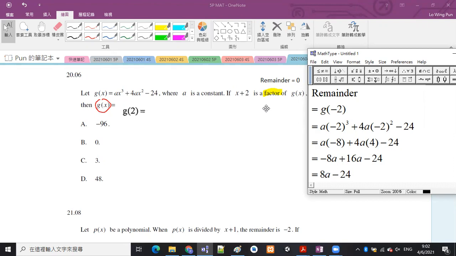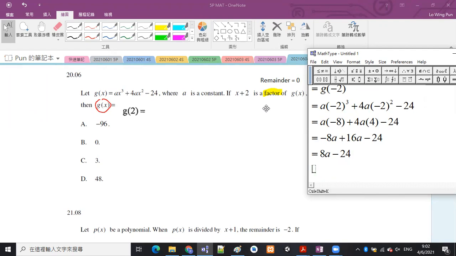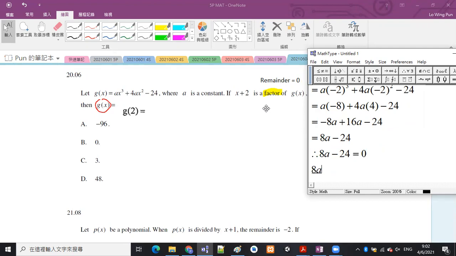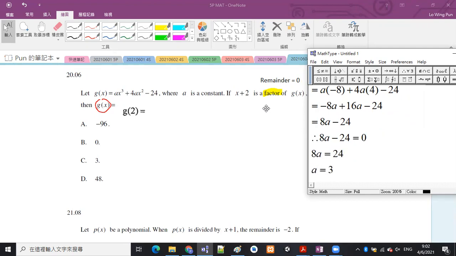And this is our remainder. But the question suggests that the remainder should be equal to 0. So we have to put our remainder to be equal to 0. And then 8a is equal to 24, a is 3. Okay?